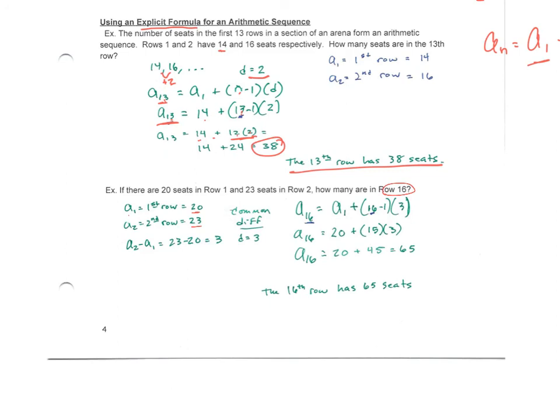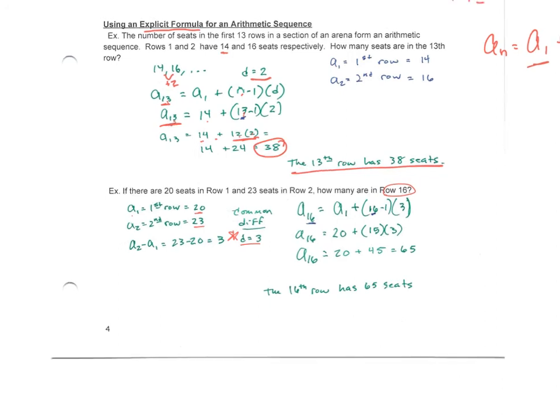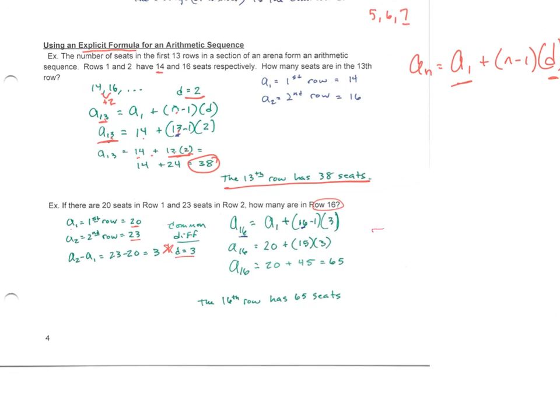So I find out that my common difference is going to be 3. Using that same formula that we used up here, my explicit formula, I replace my a_n with a16, because we now know what term number we're looking for, 16.